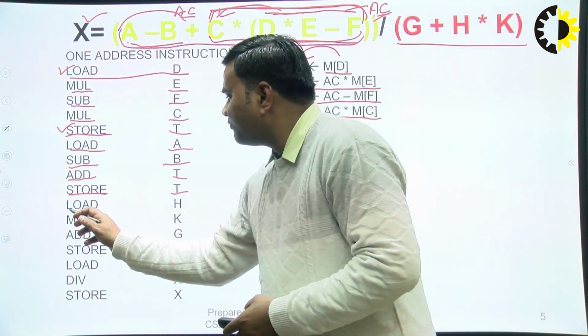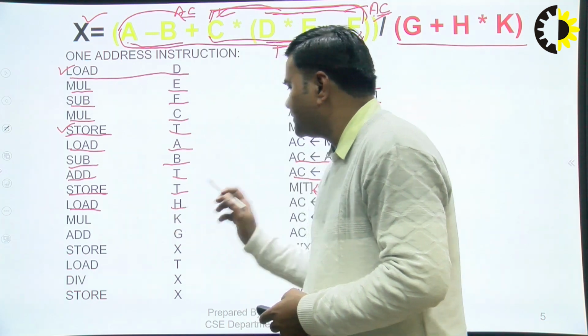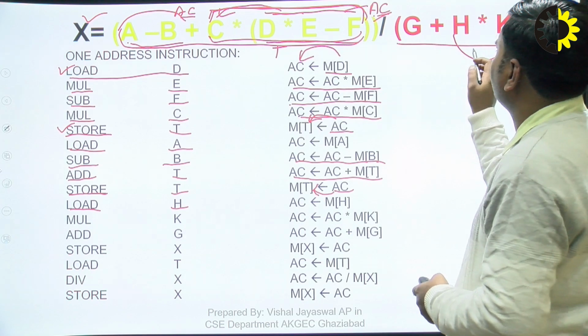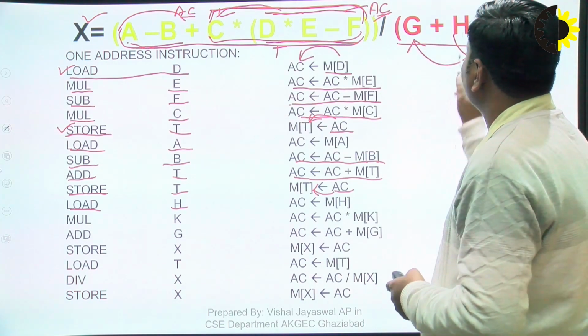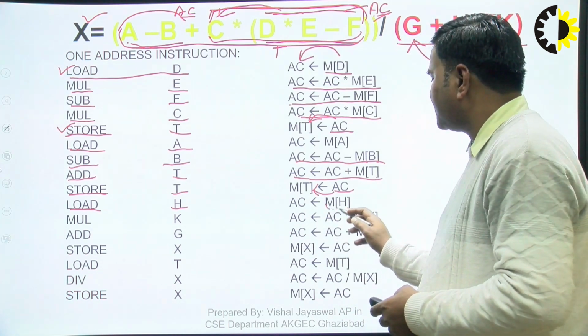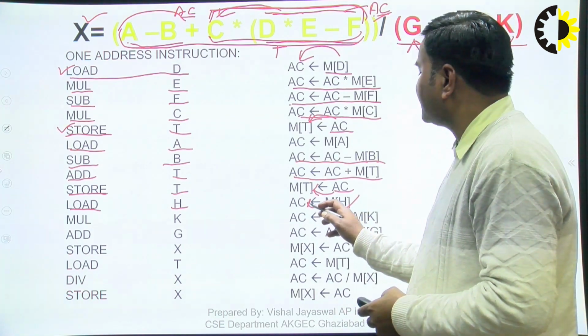For this we first load H, because we have to solve this part first. Load H means M of H is transferred to the AC register.